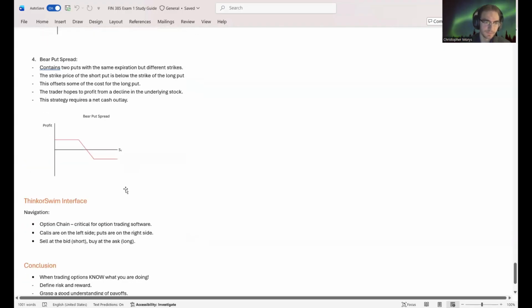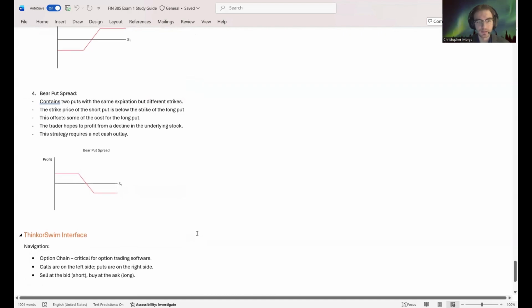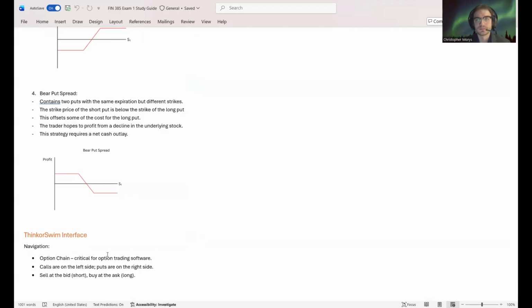Okay, last thing we will talk about is the Thinkorswim interface. So basically, you just need to know how to navigate this software. You need to understand an options chain. This is where all the options exist on the software.